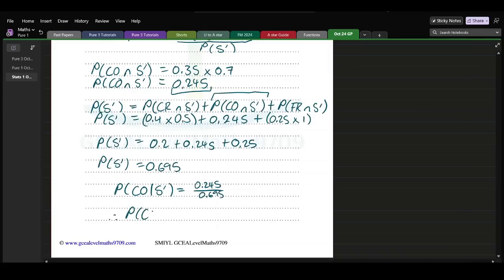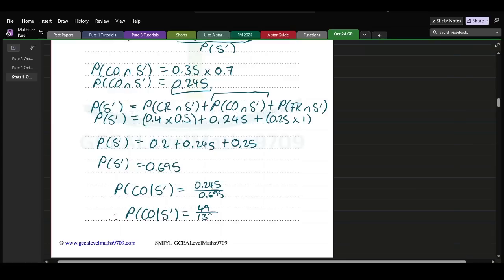So let's punch this into the calculator and see what we get. This is 0.245 divided by 0.695, and that gives us 49 over 139. 49 over 139, and that's our final answer.